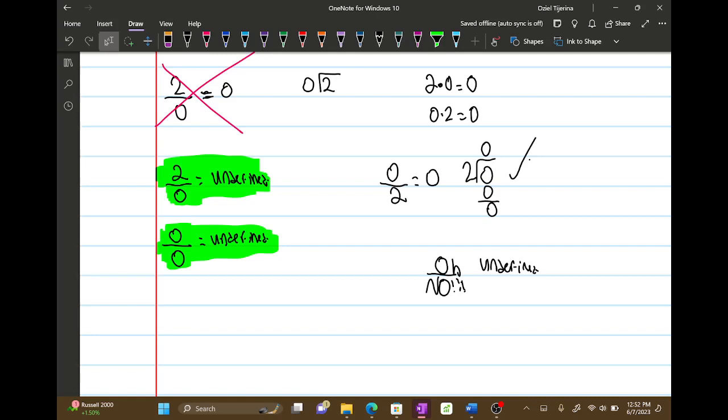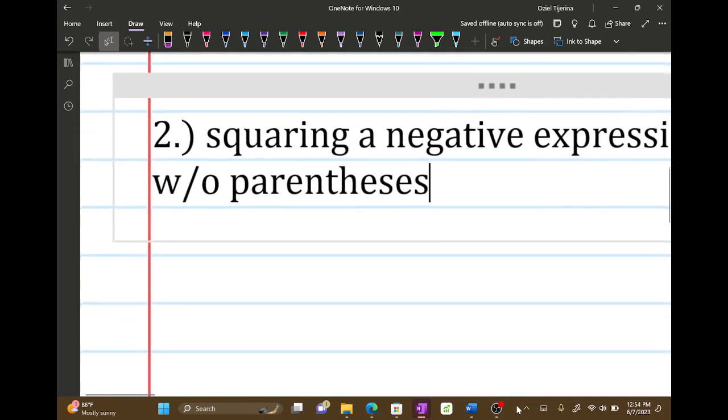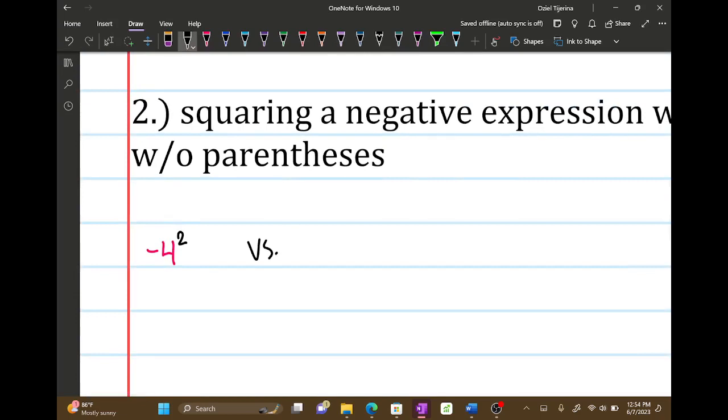So that is the first one. Now, this is yet another error that I see students make all the time. When we square a number, for example, -4 squared versus the quantity, in parentheses, -4 squared, a lot of students get these mixed up.